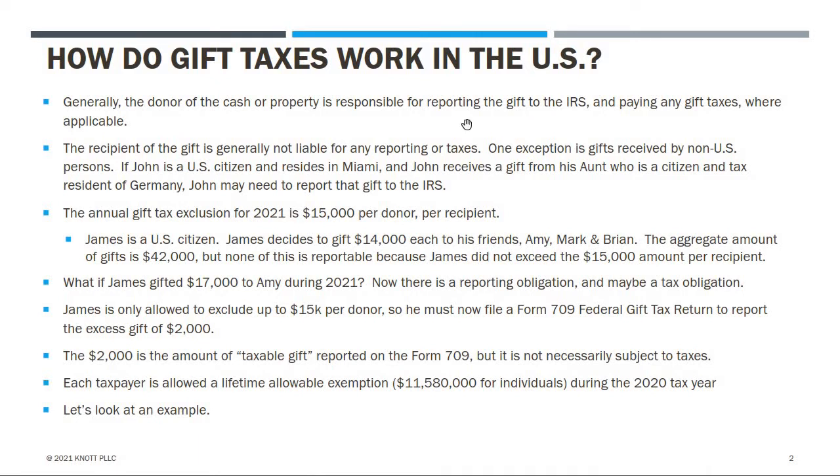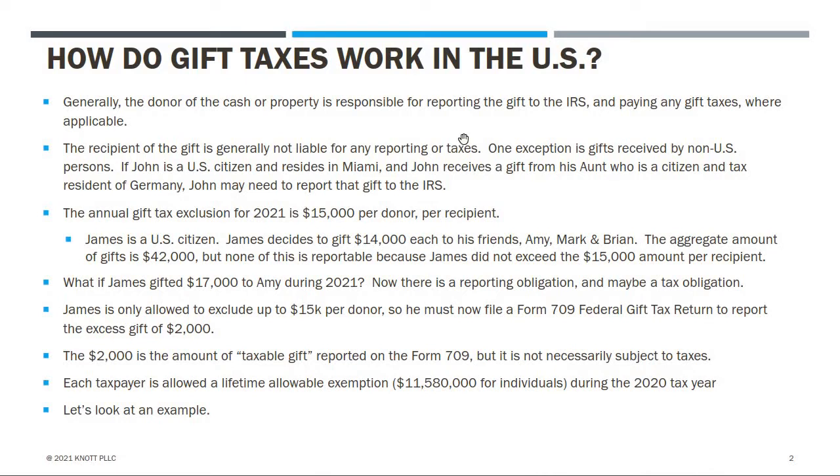So donor is the one that's gifting the property, and the donee is the person that's receiving it, okay? They're the one that's receiving the cash or the property, real estate, whatever it might be. So the recipient is generally not liable for having to do any reporting or pay any taxes. And when we get a look at the Form 709, you'll see why this is.